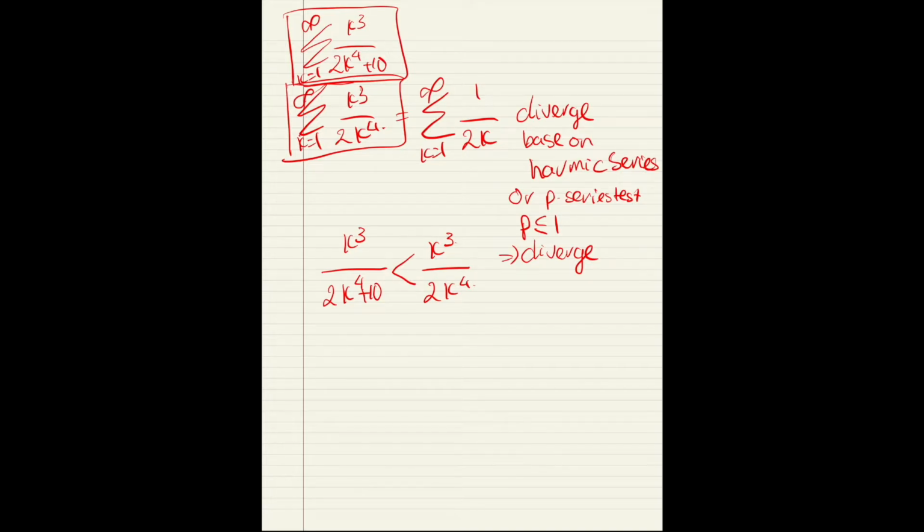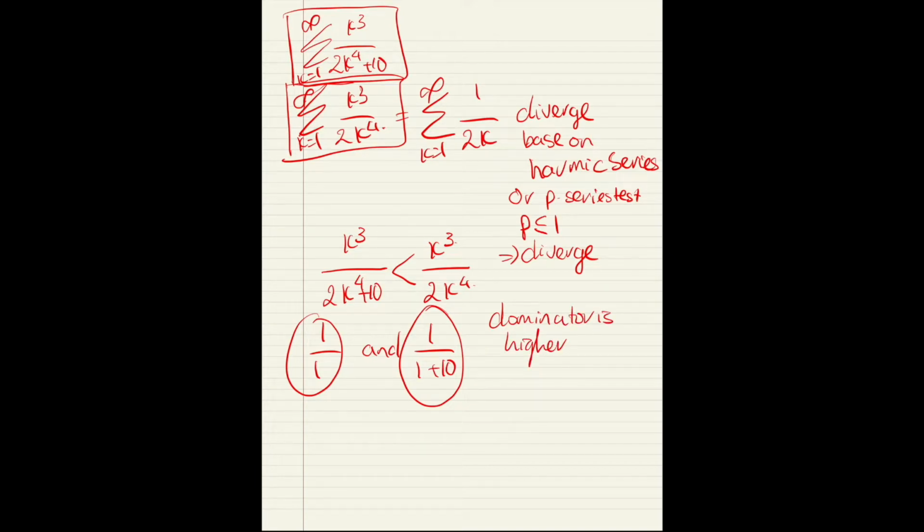For example, 1 over 1 and 1 over 1 plus 10, this one will be higher than this one, where the denominator is higher, the whole number is smaller.